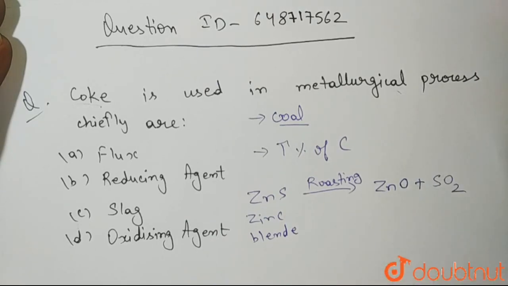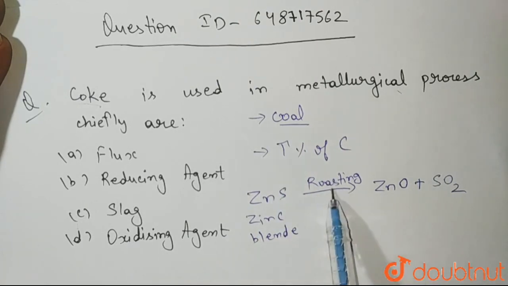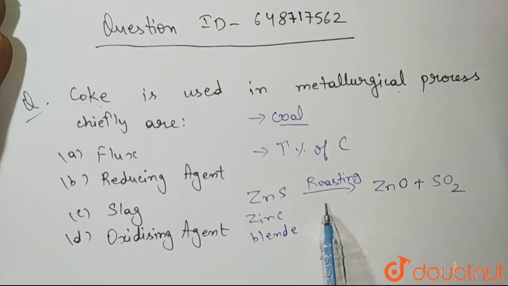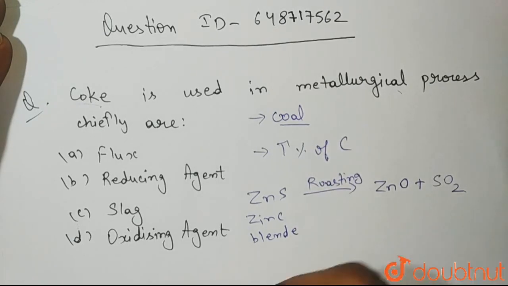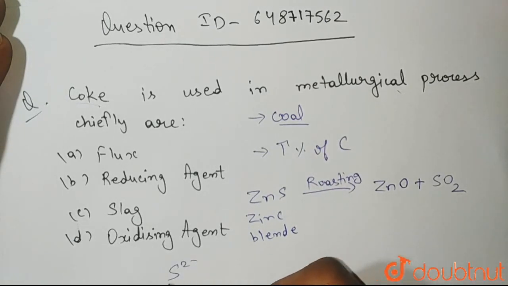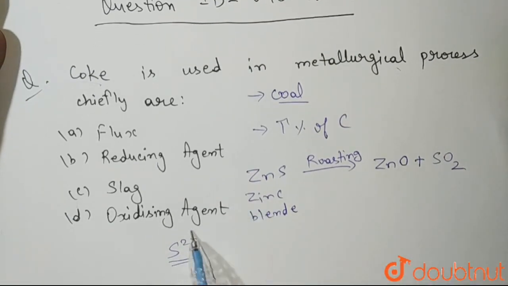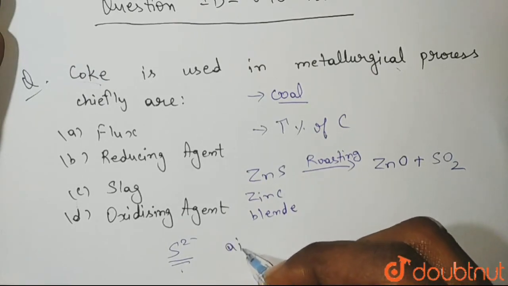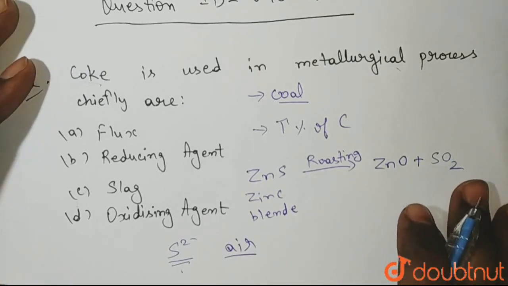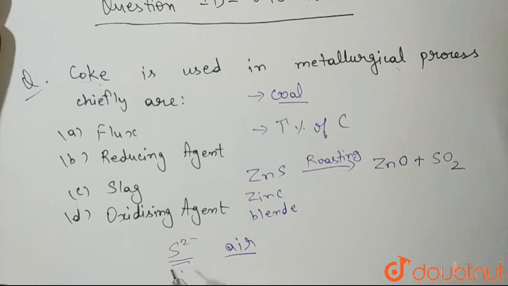Now what is roasting? Roasting is a metallurgical process where we heat the sulfide ores, any ore which has sulfide ion, S2-, in it, to a high temperature in the presence of air. It helps us in getting the pure metal.